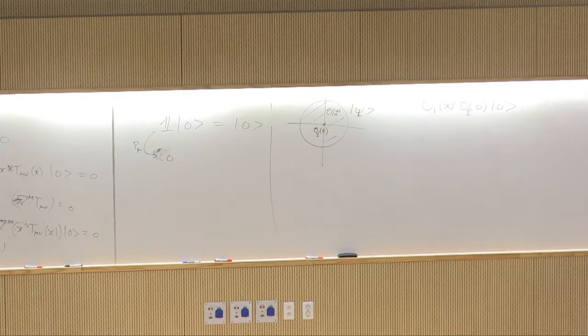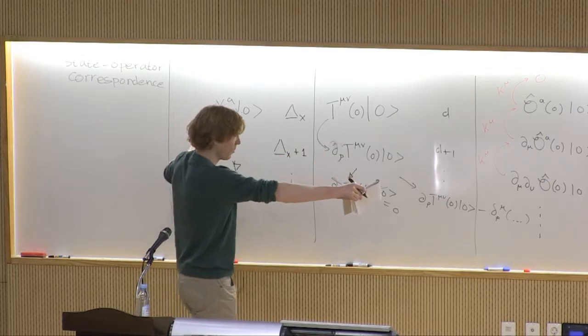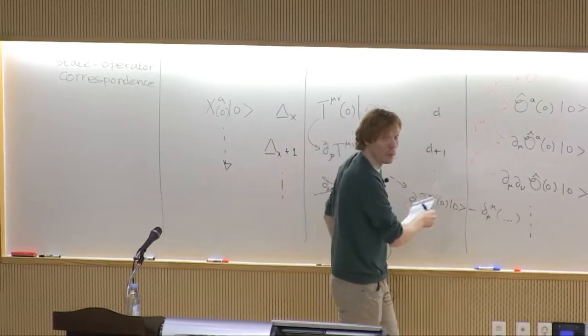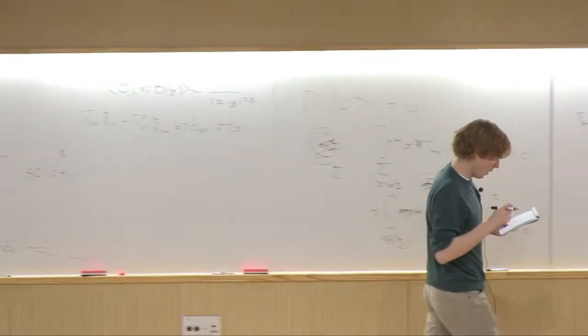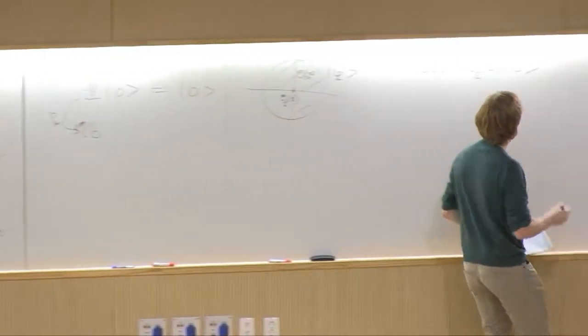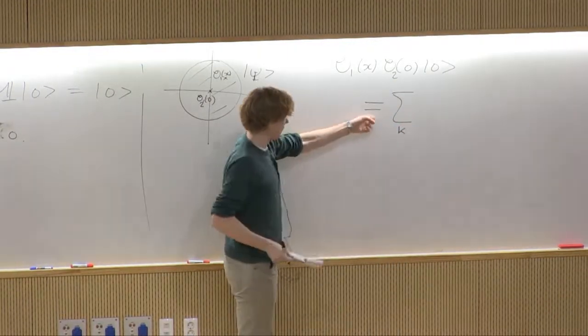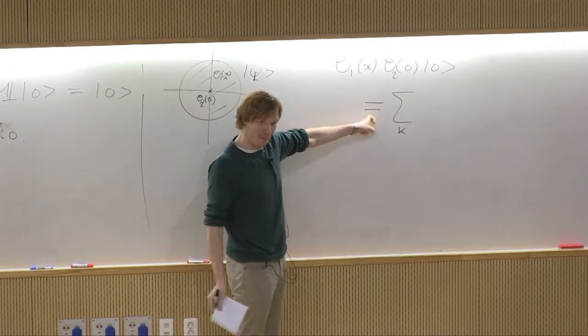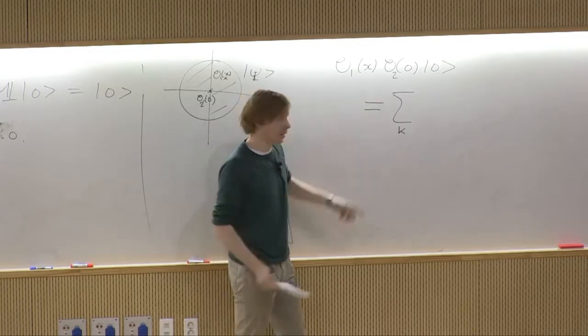This is a state in Hilbert space, so I should be able to decompose it into whatever basis I have, and because of the state operator correspondence, the basis should be stuff of this form, including perhaps the identity operator. The whole discussion of the state operator correspondence is basically to allow me to write this equal sign.